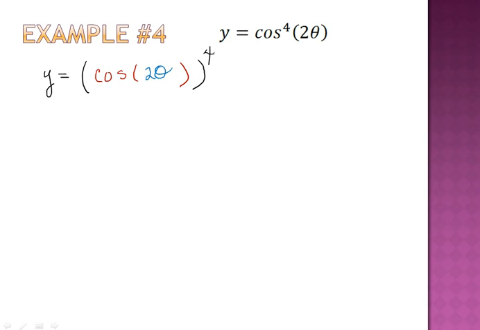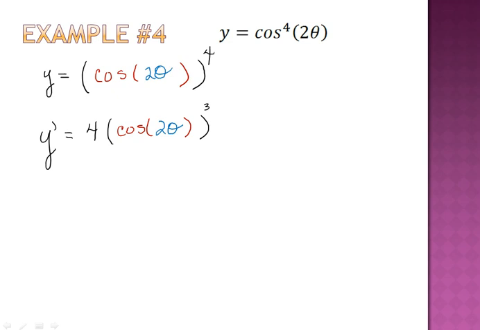We have to derive each layer separately. So y prime, drop the power, subtract 1 from the exponent, and 4 minus 1 is 3. Leave everything else alone. So the cosine stays, the 2 theta stays, and we're ready to look at that inner layer.